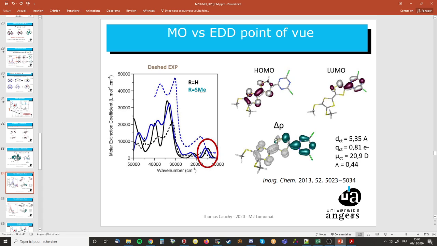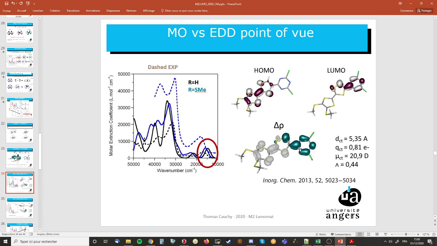And you see here that you have a blue and white, which means that you have an electronic reorganization here. If you do some quantification, you can count the barycenter. Here it's the barycenter of the excited state electron, here it's the barycenter of the hole, and you measure the distance. So you have the distance of charge transfer.